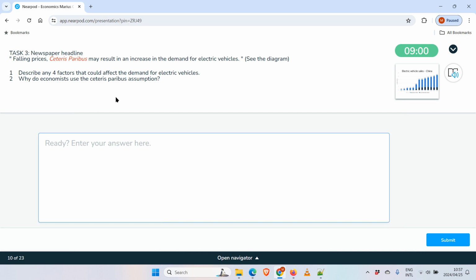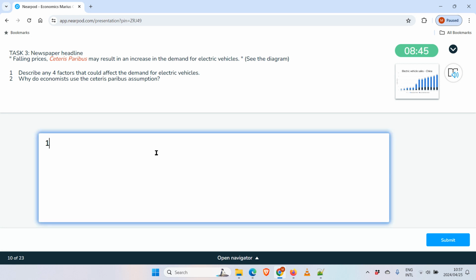Okay, then question number 1 in this activity on ceteris paribus: describe any four factors that could affect the demand for electric vehicles. If we have a look at number one, the demand for electric vehicles may be affected by charging points.